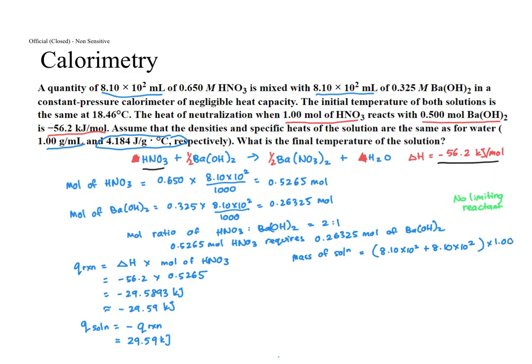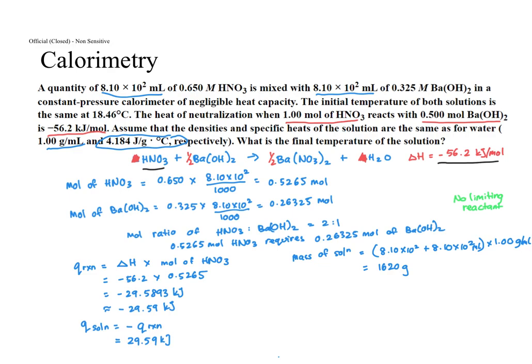So add up the volumes and times density. And you will get a mass of 1,620 grams.